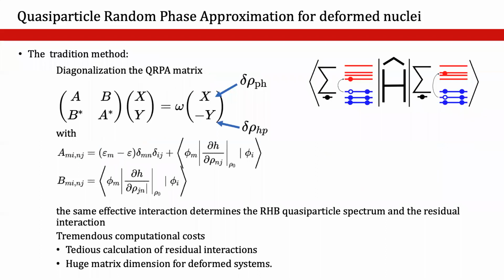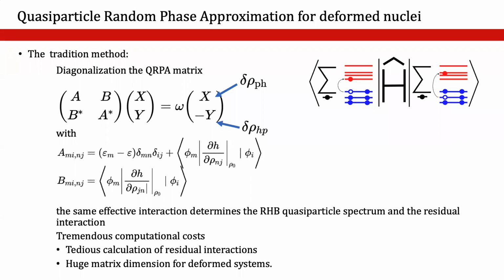The low-lying vibration mode can be calculated by the RPA or QRPA equation. The RPA equation determines the energy of the RPA ground state and excitation states and their transition strengths.